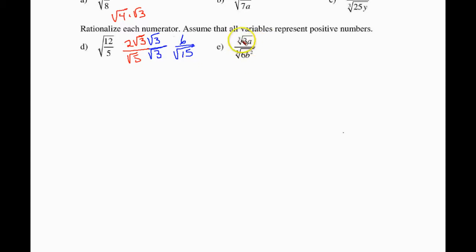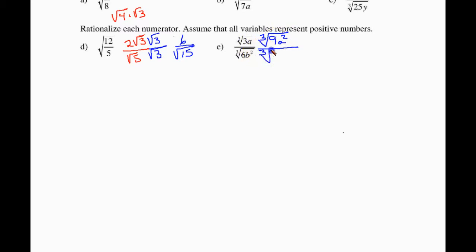And this one here, again, we're dealing with the numerator. So what do we need to multiply that numerator by to make it a perfect cube? Well, there's already one 3 there, so I need to multiply it by 2 more 3's, which makes it a 9, and then a to the second, so that will be a to the third. And I need to do the same with the denominator.